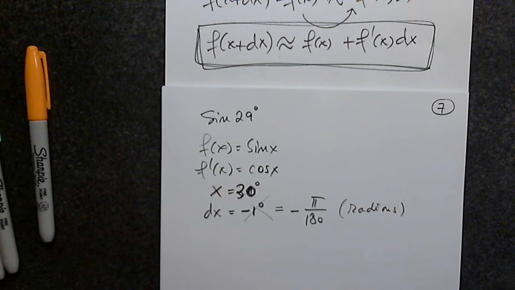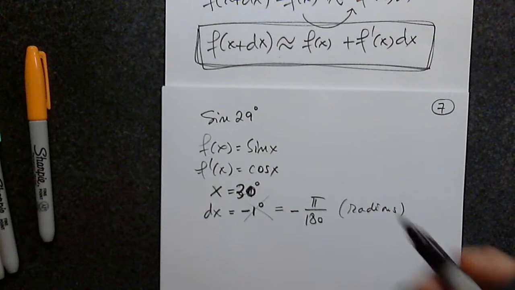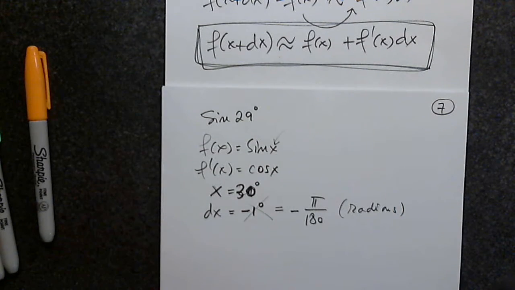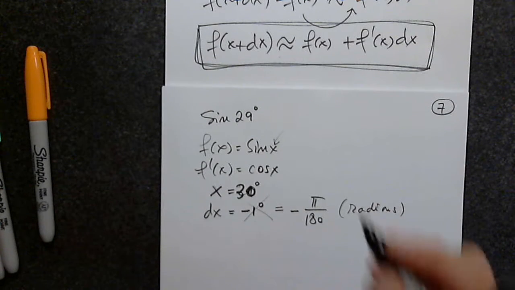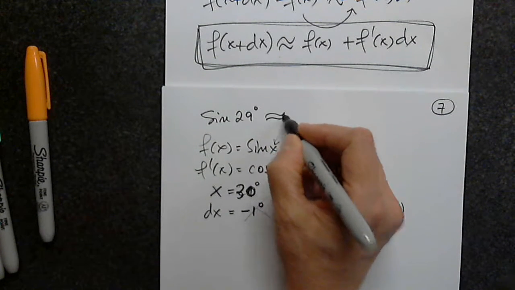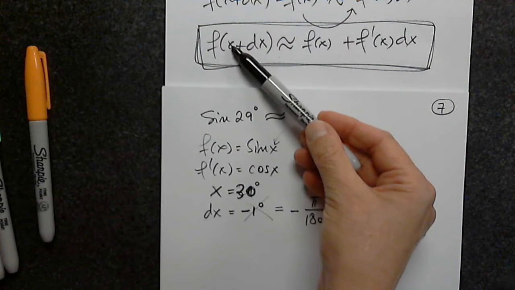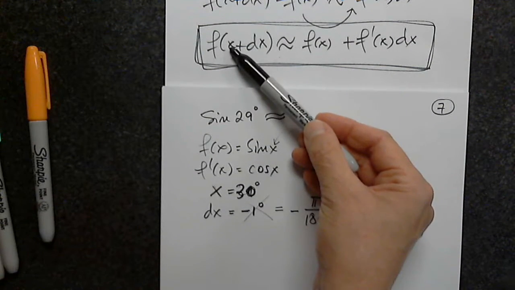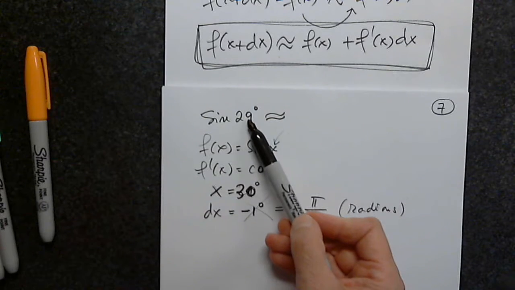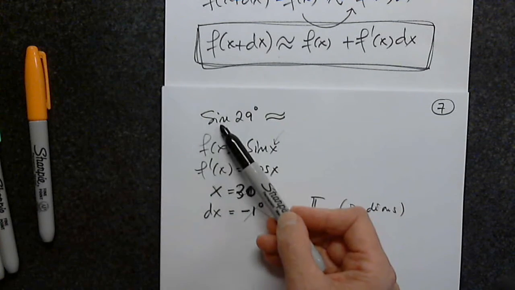We do not use standalone degrees in calculus. Everything has to be changed into radians. But if I plug in 30 degrees in sine, it doesn't matter. If it's pi over 6 or 30 degrees, there is no difference. The answer will be the same. Very good. So now we are prepared. So this is x and dx. So x is 30, minus 1, it's 29. The function is sine x.